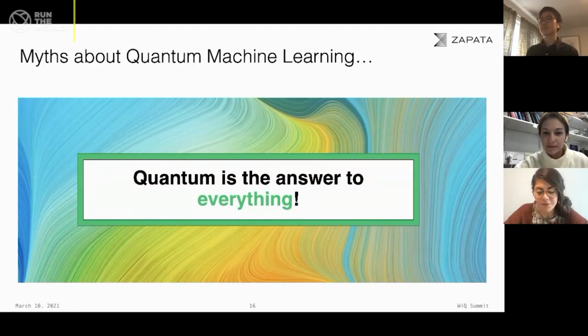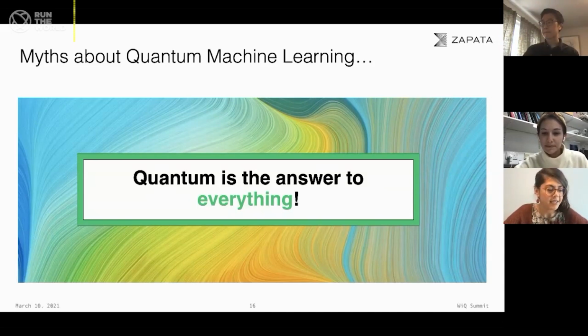Let me start with my first myth in quantum machine learning, that quantum is the answer to everything. As you may know, lately there has been a lot of progress in the field of quantum computing, both on the hardware side and on the software side. These led to a growing interest in quantum technology across many businesses and industries.